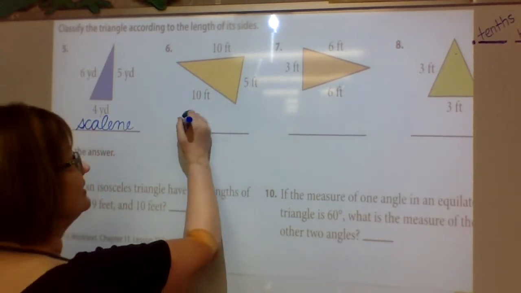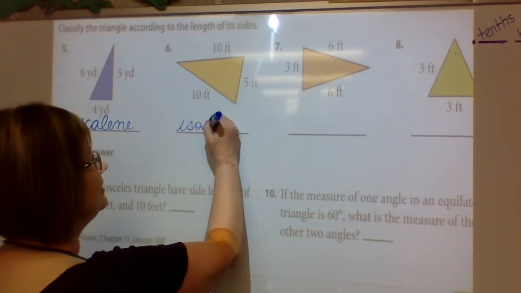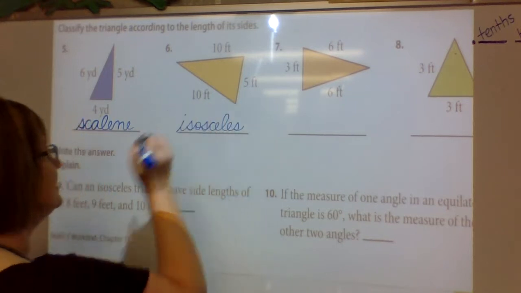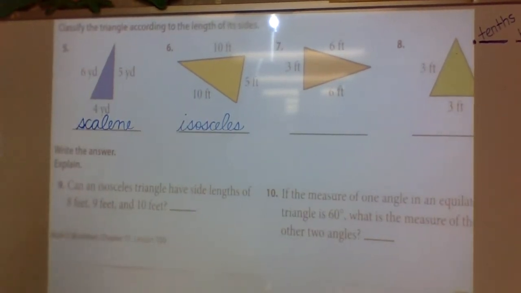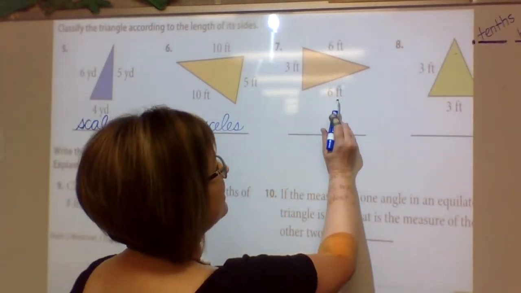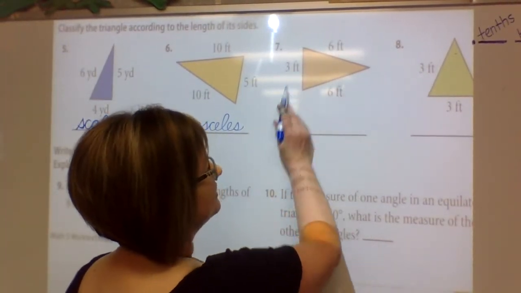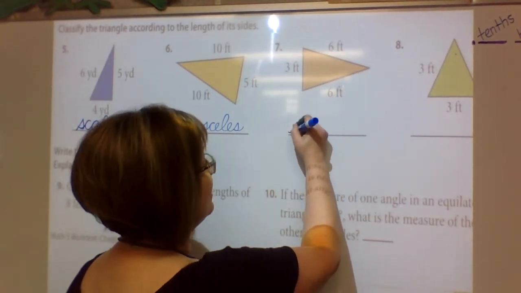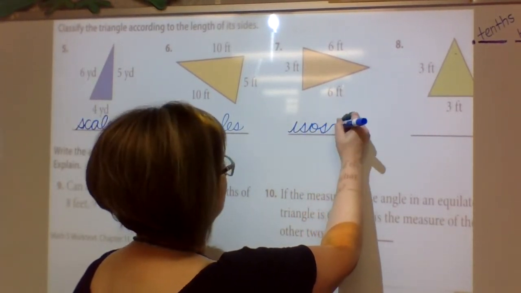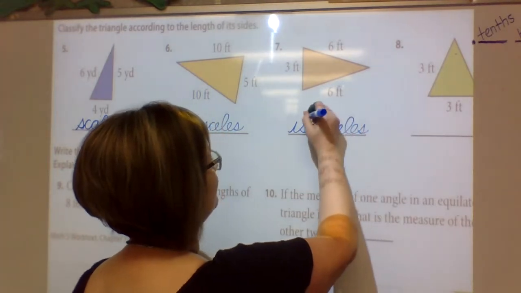That makes it isosceles. I hope I spelled that right. That's not a word I write every day. Yep, it's right. And then this one, two sides same. That one kind of looks like it's all the same, but it's not. One of them's not. So we call it again isosceles. My favorite word, we get to do it twice.